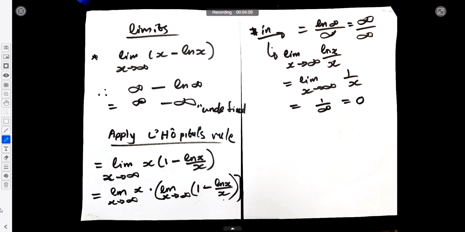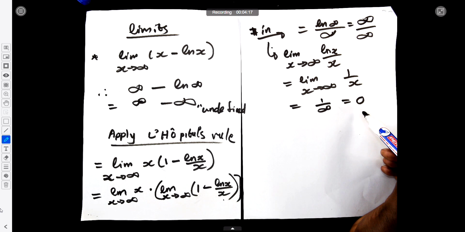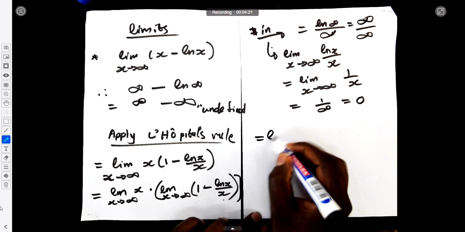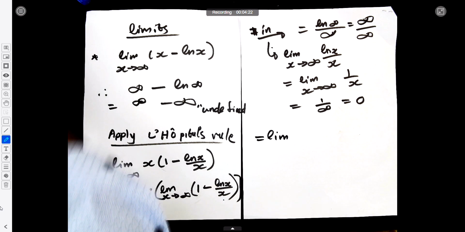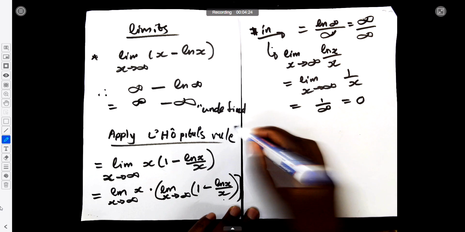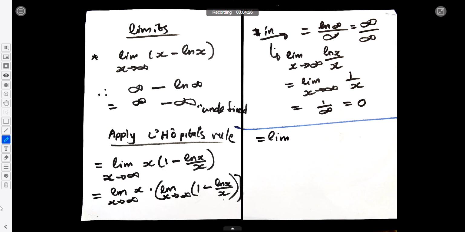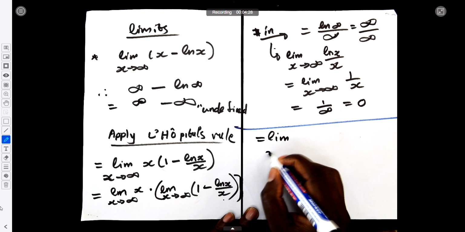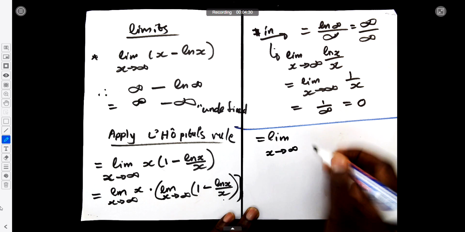I didn't want to rush it here, I wanted to explain it separately. So we know that when x approaches infinity, ln x over x equals 0.